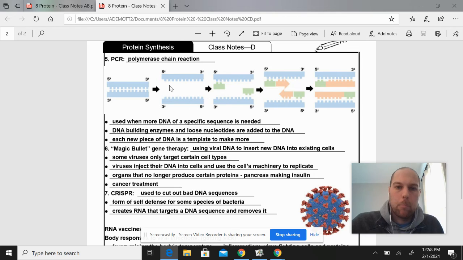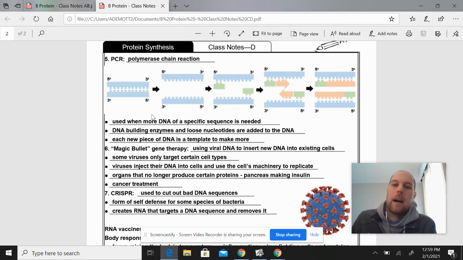Basically, it cuts certain pieces of that DNA, the pieces that you're trying to actually use, and puts them in this chamber where it heats it to break it apart. It cools it and allows pieces to copy.